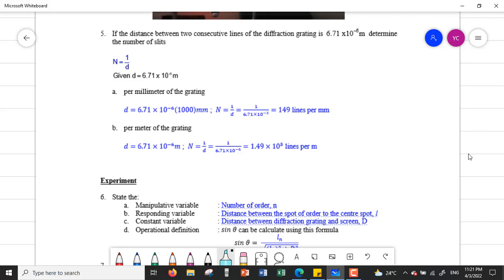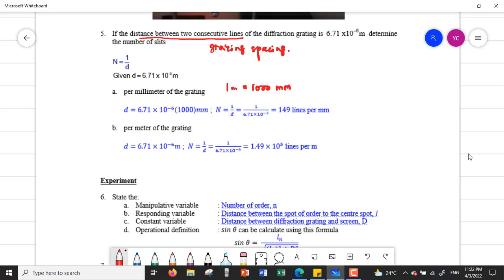We want to get the number of slits per millimeter of the grating, so I'm going to convert the spacing of the grating, or the distance between two consecutive lines, which we sometimes also call the grating spacing, to millimeters. 6.71 × 10^-6 meter, we change it to millimeters by multiplying by 1000 because 1 meter is equivalent to 1000 millimeters. So I get 6.71 × 10^-3 millimeter.